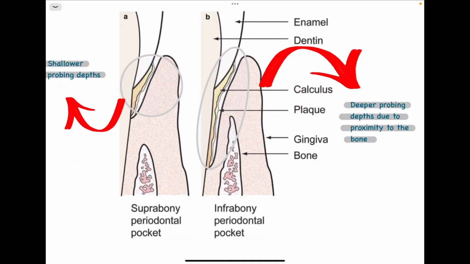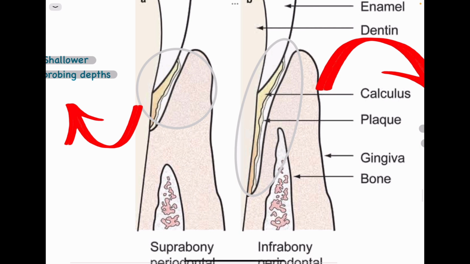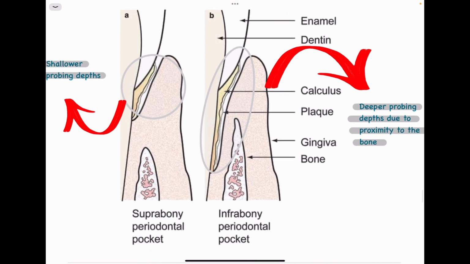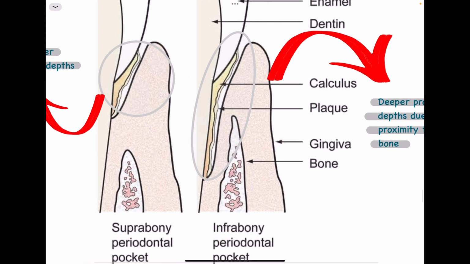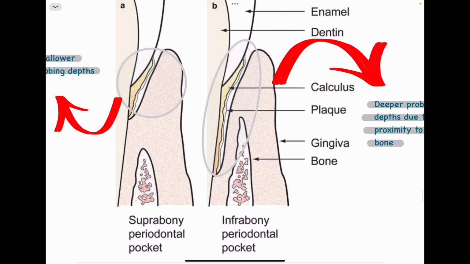Also in this diagram, I hope you can appreciate the difference between the proximity of the bone in the suprabony versus the intrabony pockets. In case of suprabony pockets, you can see there is no proximity of the pocket to the bone, whereas in case of intrabony pockets, there is a close proximity of the pocket with the alveolar bone.